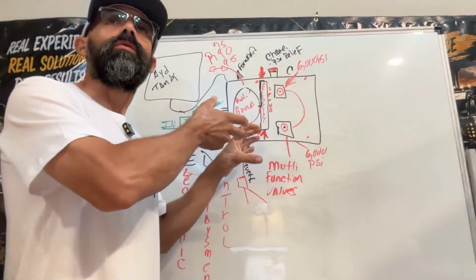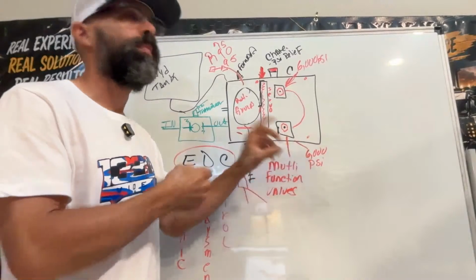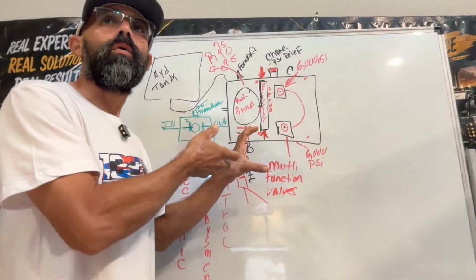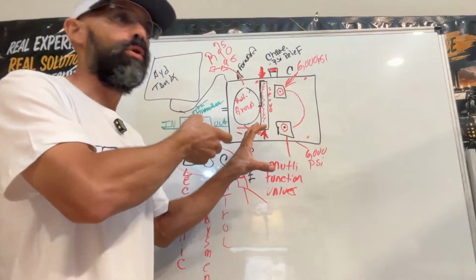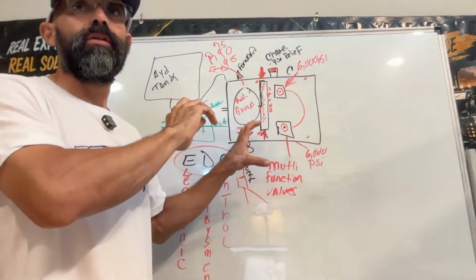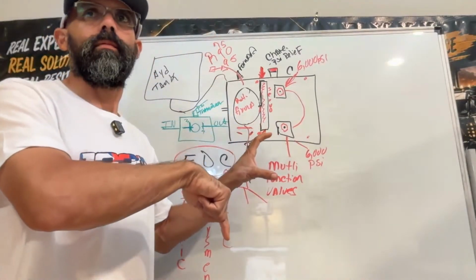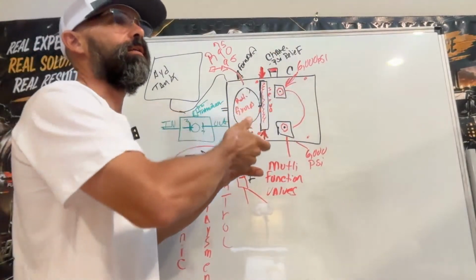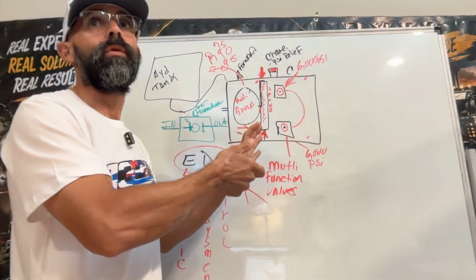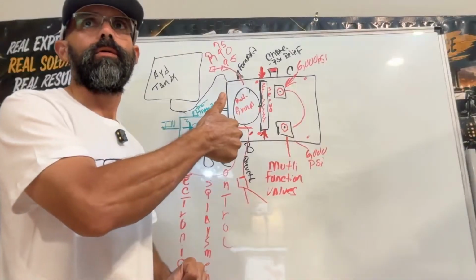If you want to decrease the 6,000 psi, you go counterclockwise, loosening it. If you back out the set screw, you're dropping pressure on this style of pump. If you tighten it, going clockwise, you're increasing the pressure. Keep that in mind.